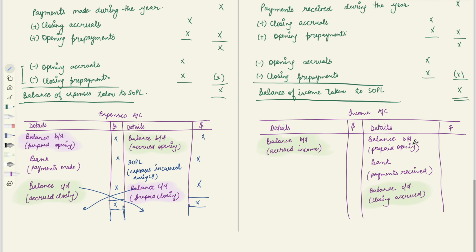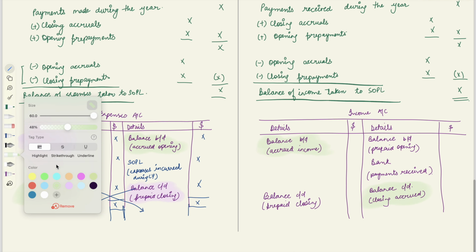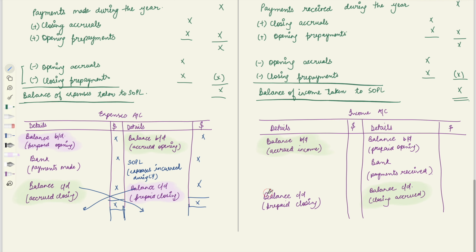The next we have is closing prepayments, which is going to be on the debit side. So balance carried down. This is your prepaid closing balance.